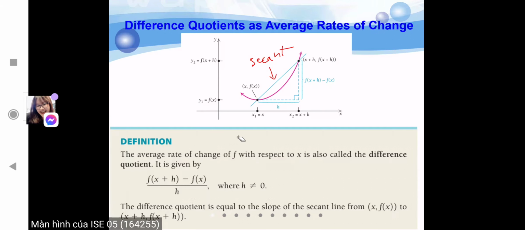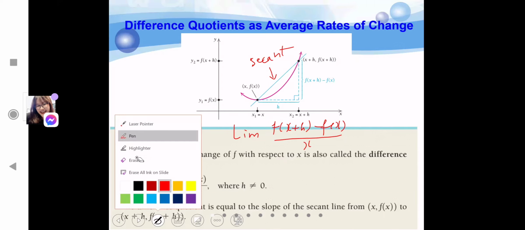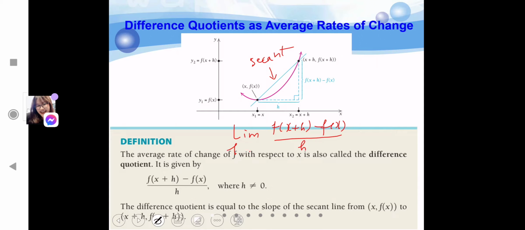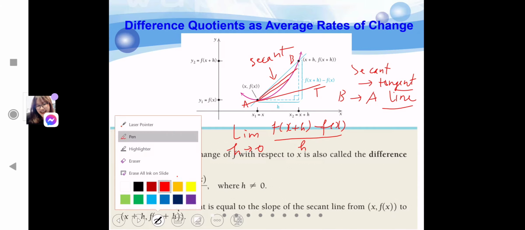And if we take the limit of (f(x plus h) minus f(x)) over h when h tends to 0, that means the point B tends to A. So the secant tends to the tangent line at A. We say another way: this limit is the instantaneous rate of change.